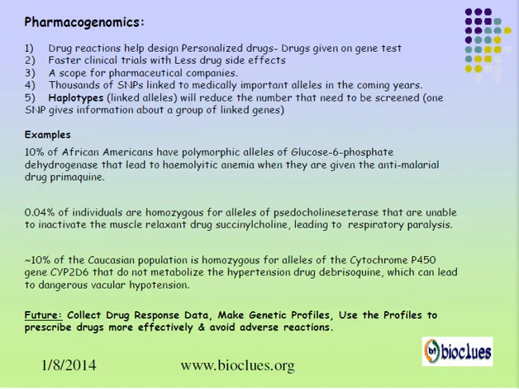Based on the gene test, drug response data would be collected and genetic profiles would be created. These genetic profiles would be used to prescribe drugs to you to avoid adverse reactions. So this is the application of SNPs, which holds a great future, and this is how it could be applied in pharmacogenomics.